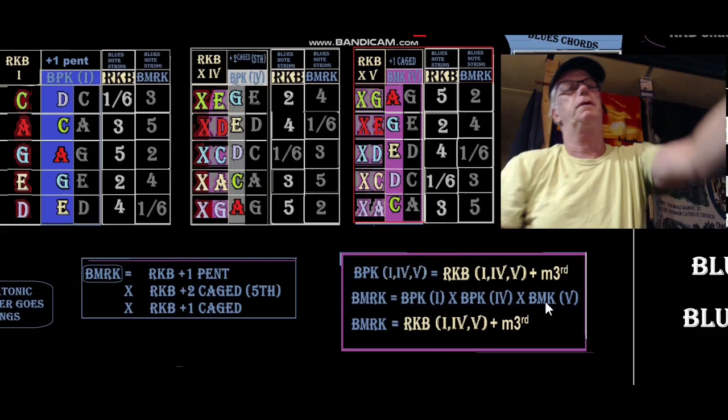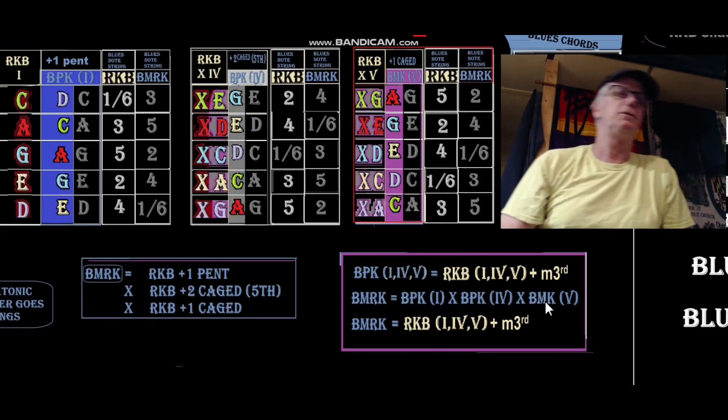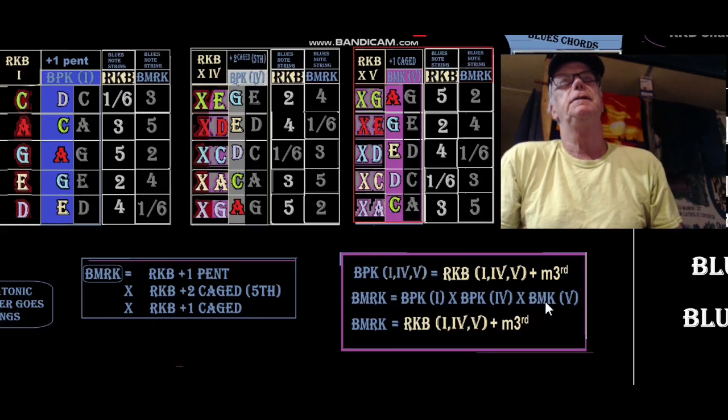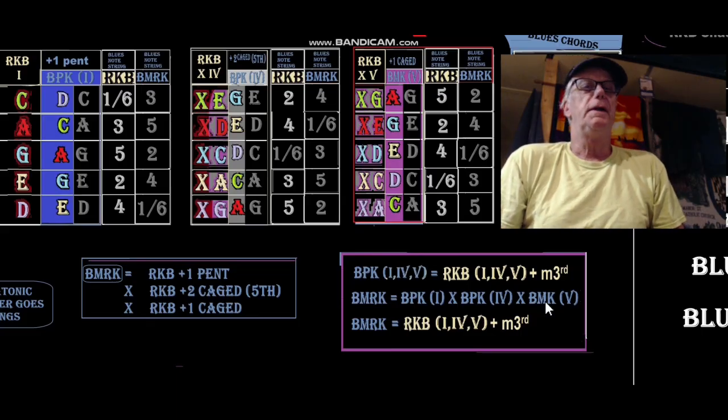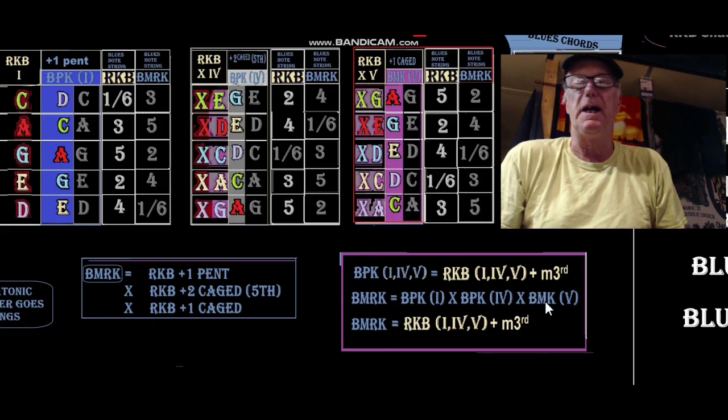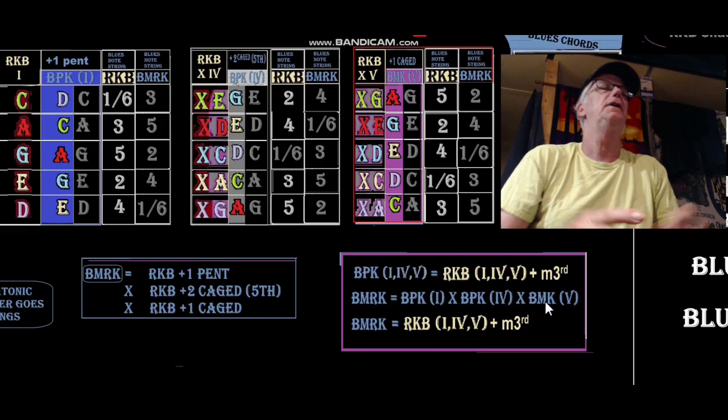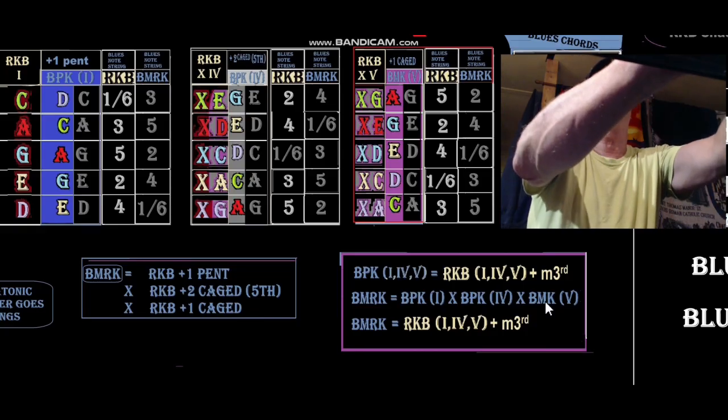So we don't get the fourth of that blues Pent key 1 there, because that's an A flat, and that's kind of not in the C blues scale.